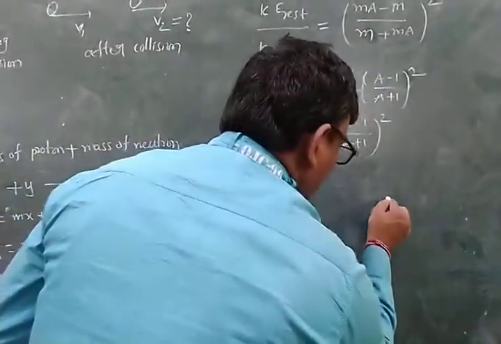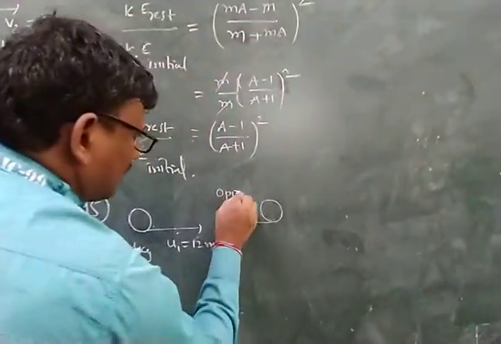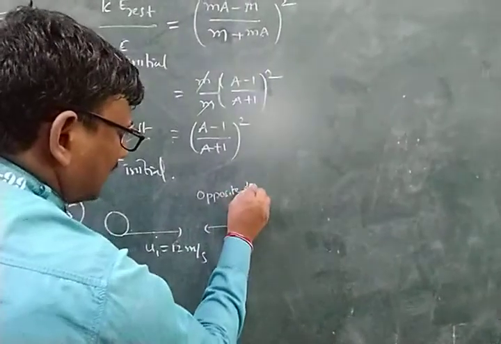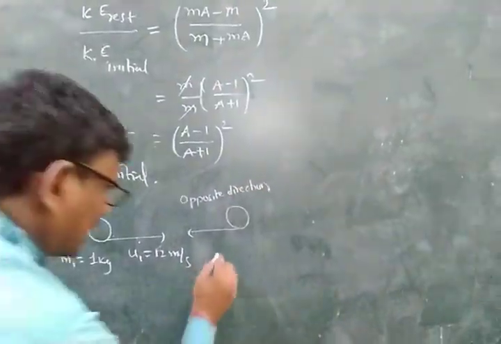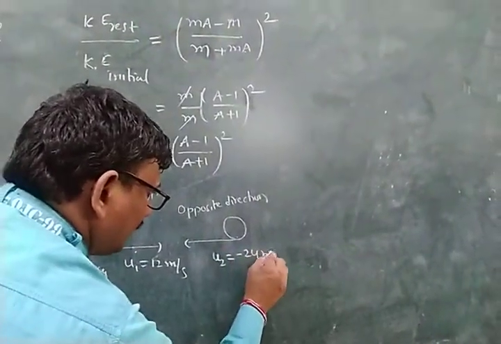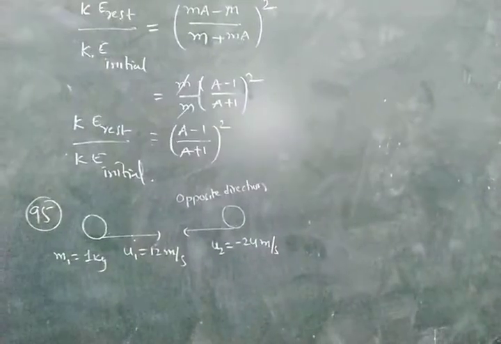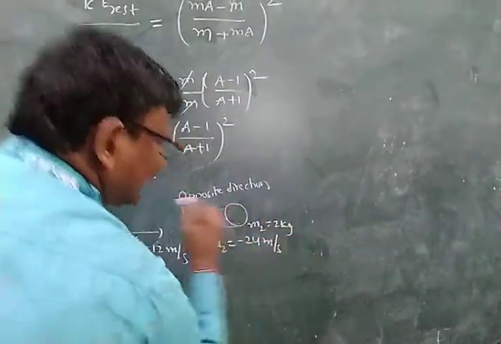It collides with another ball moving in the opposite direction, with velocity u2 equal to minus 24 meter per second and mass m2 equal to 2 kg.